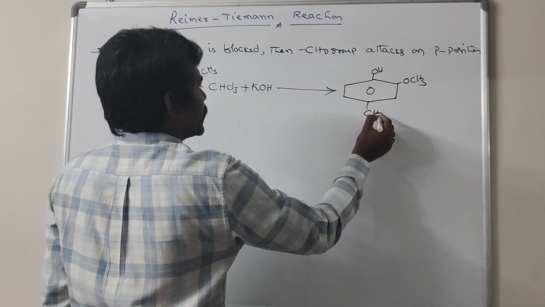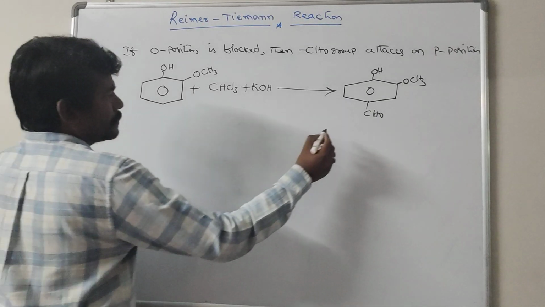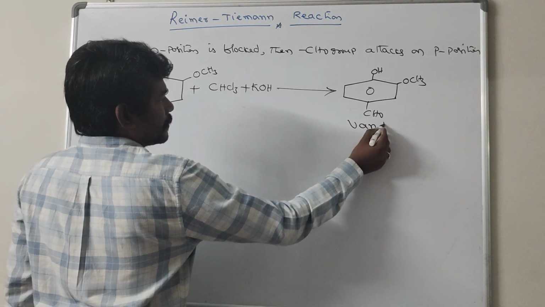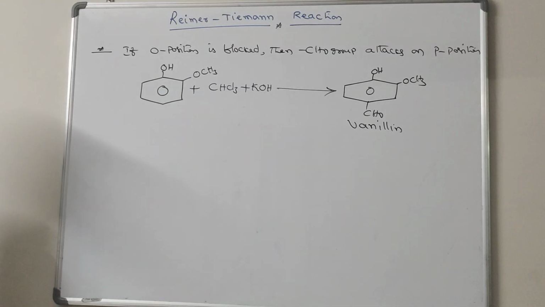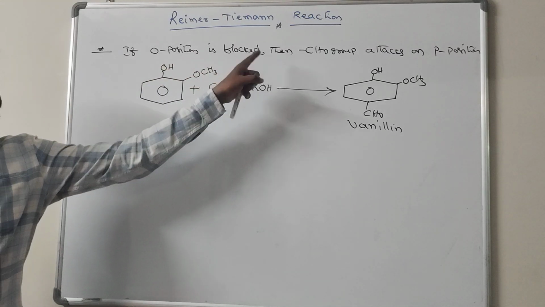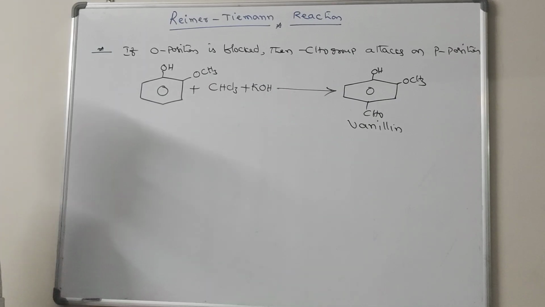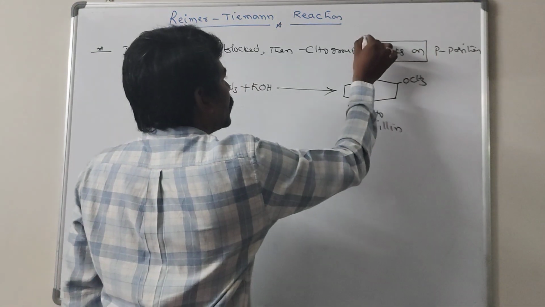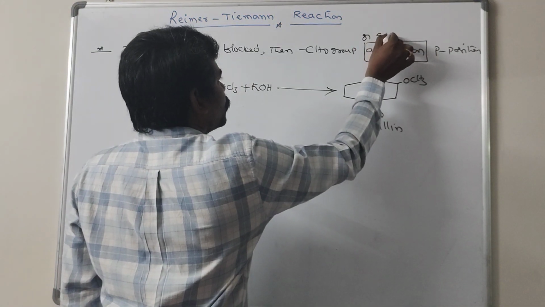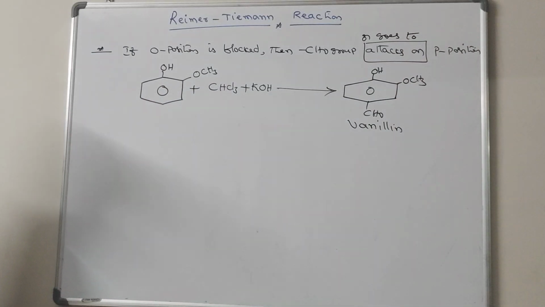So this is the product. This is vanillin. So if the ortho position is blocked, then the CHO group goes to the para position.